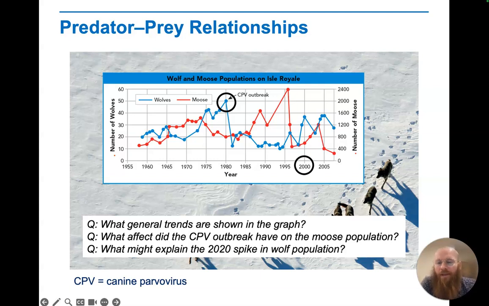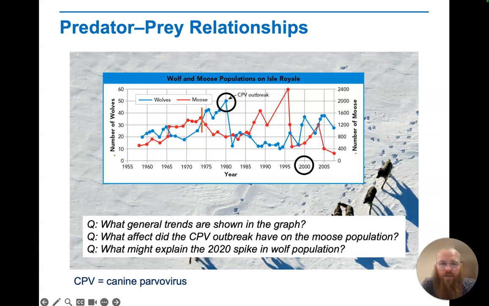So one thing that you might notice, specifically if you look at around, let's say right here, around 1974, at this point in time, you're going to see one really important trend where as one population increases, the other population is decreasing. Okay, and you're going to see that in several spots throughout this graph, where as one population is going up, the other population is going down.